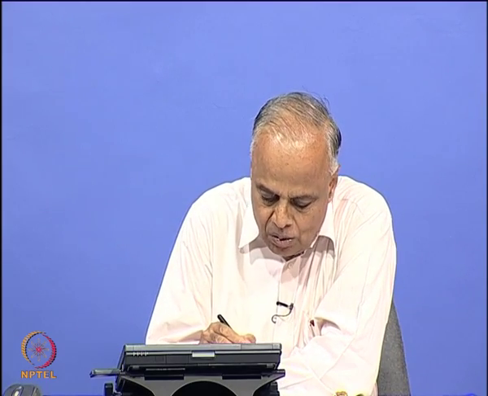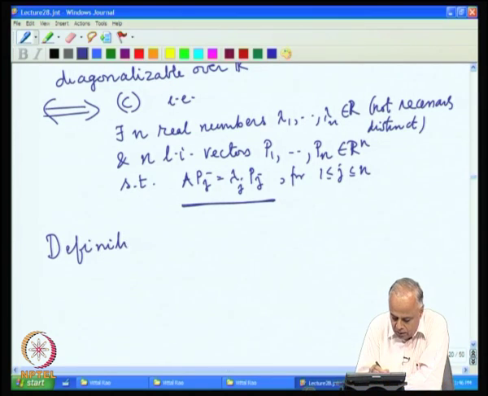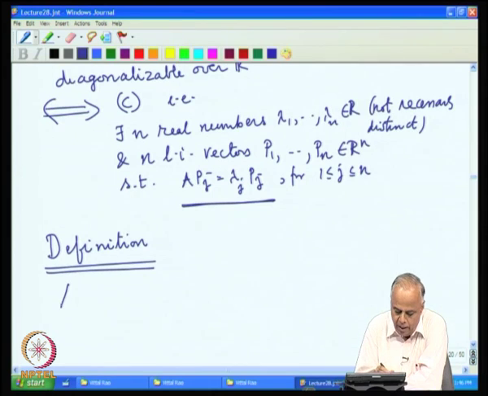This leads us to the notion of eigenvalues and eigenvectors. So, definition: A is an n by n matrix.